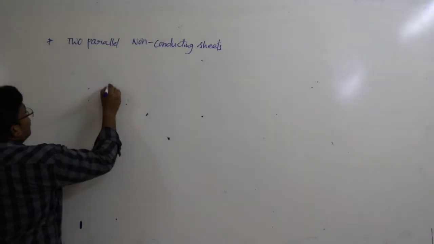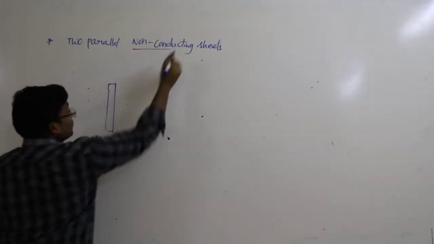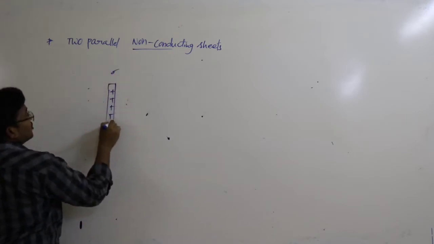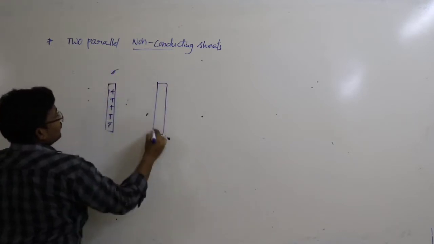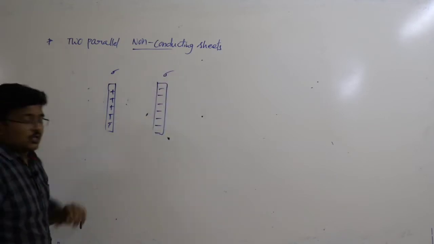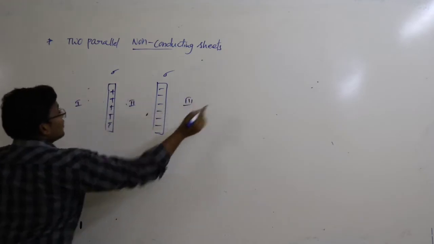Now here I am taking again non-conducting sheets only. Okay, so this is sigma of positive charge, and this is of the same charge density sigma but of negative charge. Now what is the field in the first, second and third regions?